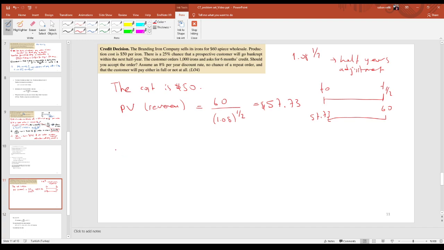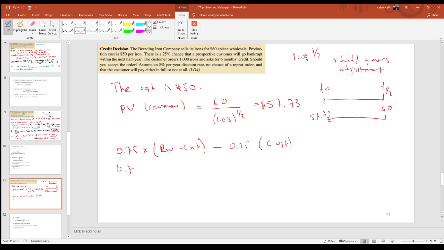We know that 75% of customers will pay their debt. So this is revenue minus cost. And 25% of customers will not pay anything, so revenue will not exist. The only thing is the cost you are going to have.